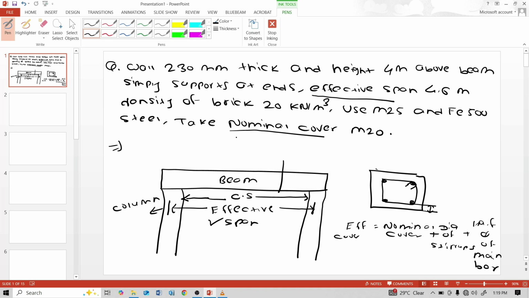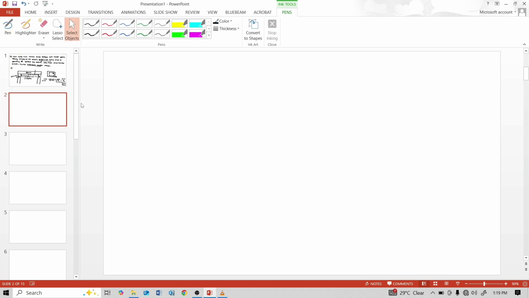They have given us nominal cover 20 mm. So step by step we see design.